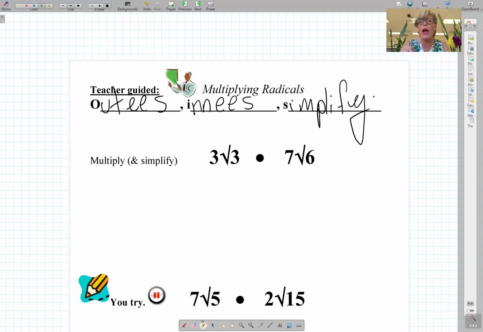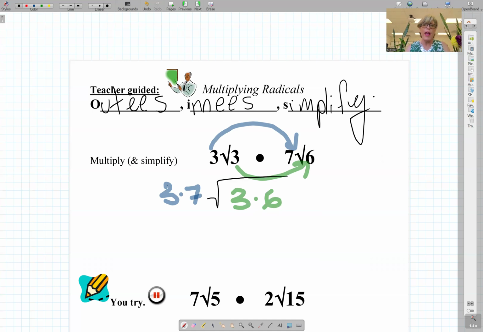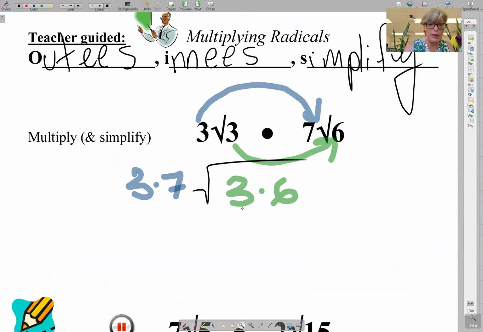When you're multiplying radicals, you multiply the outies, 3 times 7. You multiply the innies, 3 times 6, but that's under the radical sign. And then you simplify. Outies, innies, simplify. So the simplify looks like this.